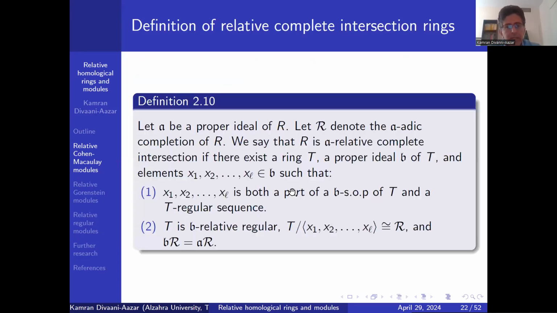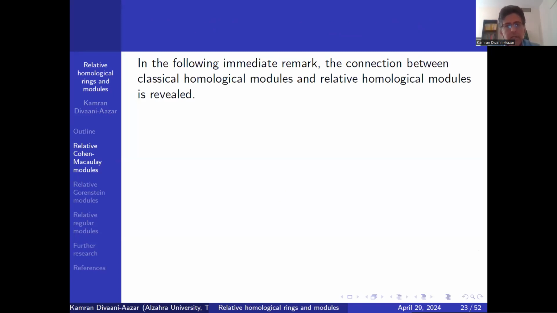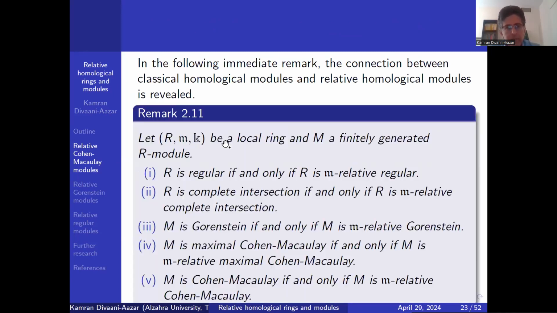So it's natural to ask about the relation of these types of relative homological modules with the ordinary homological modules. This is answered in this remark. Let R be a local ring with the unique maximal ideal M, and M a finitely generated R module. R is regular in the ordinary manner if and only if R is M relative regular.